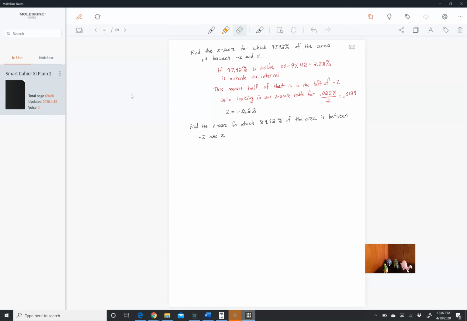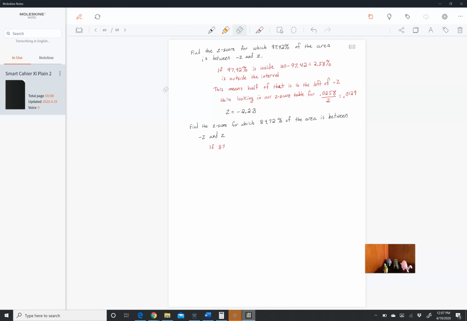Okay, so we're going to do the same thing here. We're going to find out if 84.72% of the area is between this, then we need to figure out how much is outside of it. Same thing.